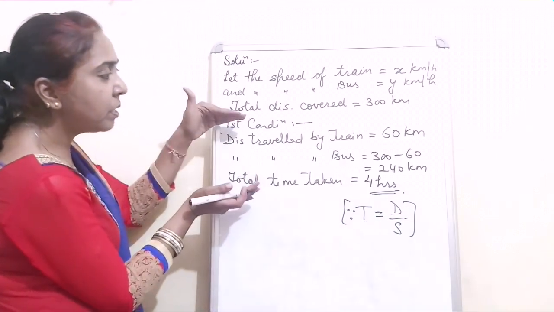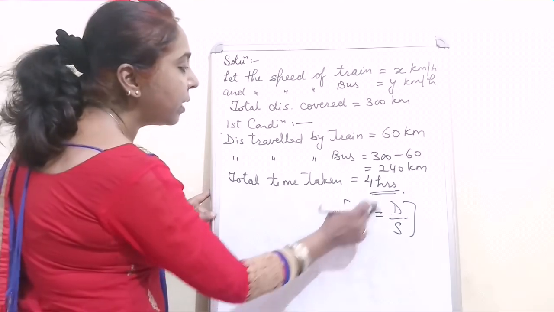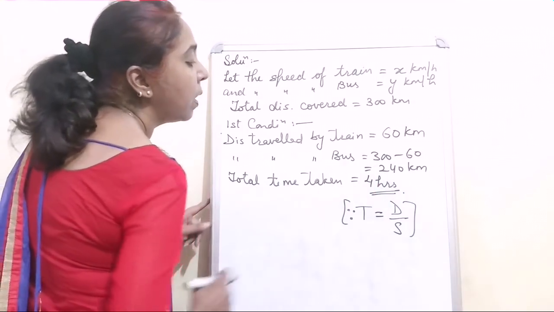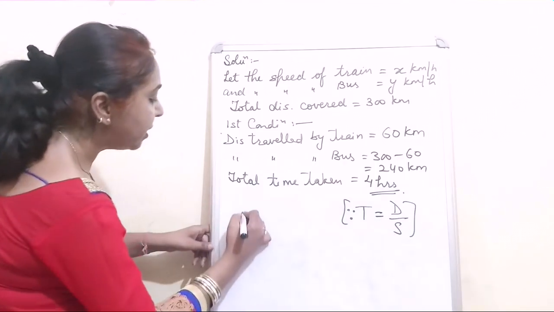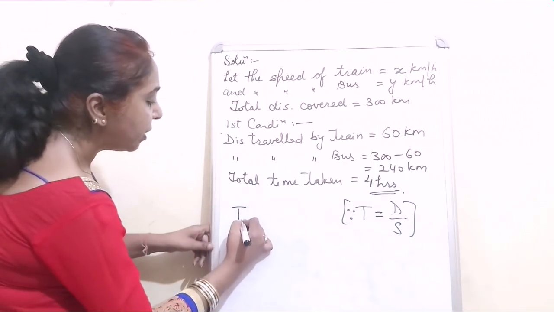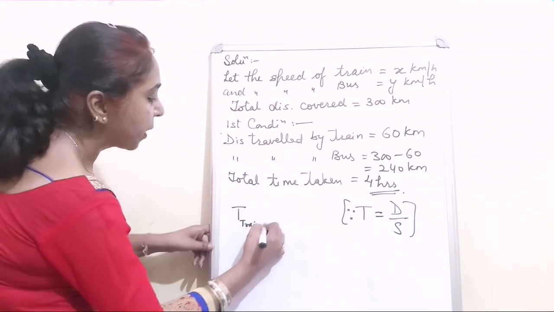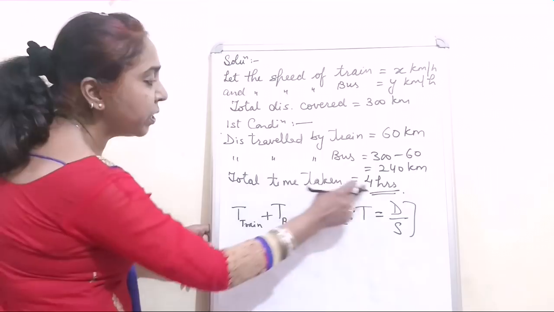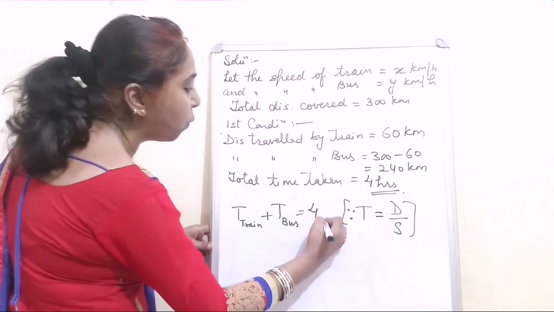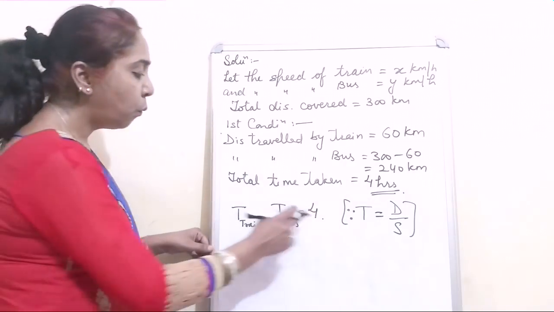So according to this first condition, the time taken, this 4 hours, should be equal to distance by speed. That means time taken by the train plus time taken by the bus, according to the question, is equal to 4.